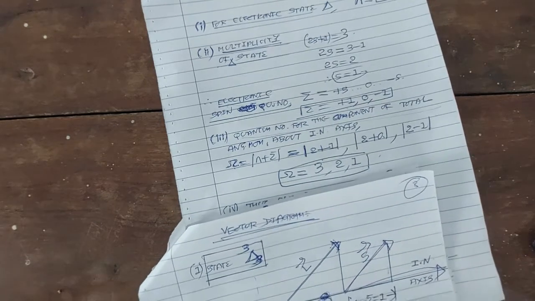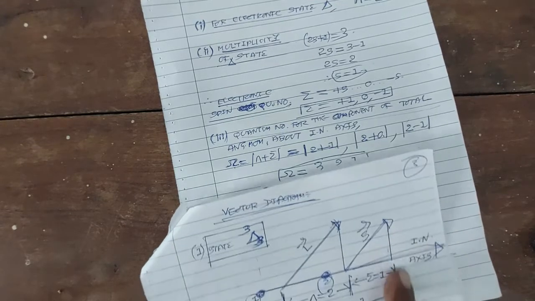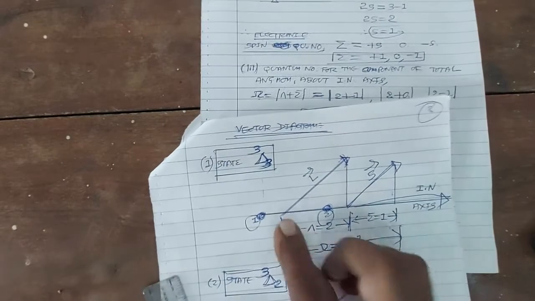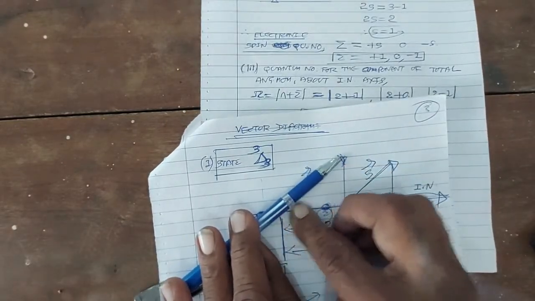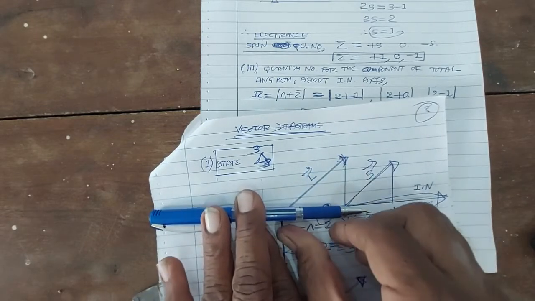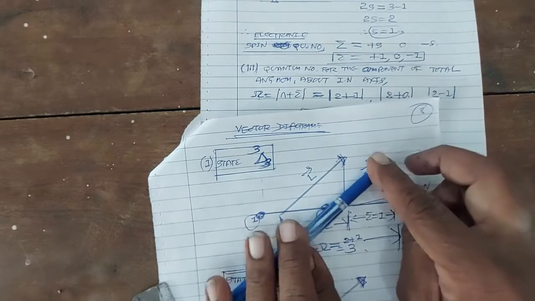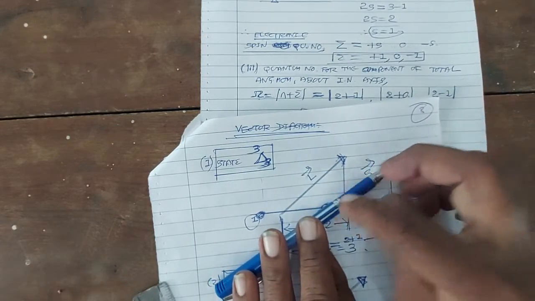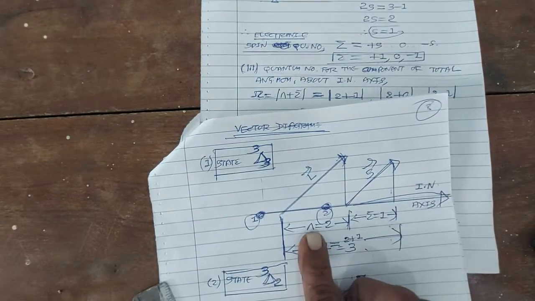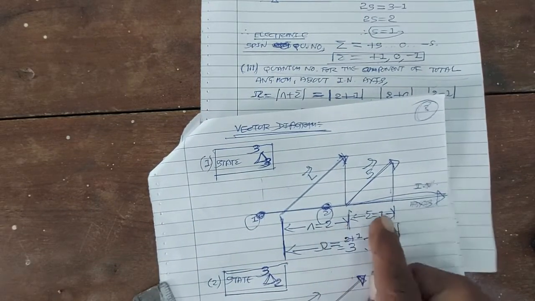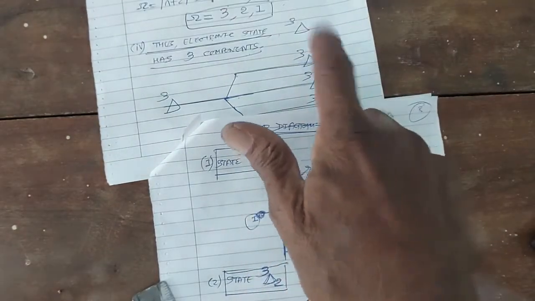So the total quantum number omega is lambda plus sigma, 2 plus 1, that is 3. Okay. So this is the vector diagram for the state delta 3 3.